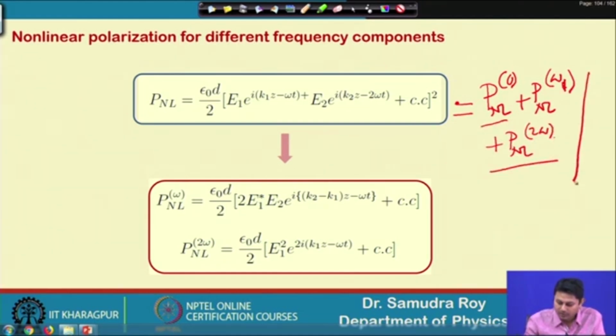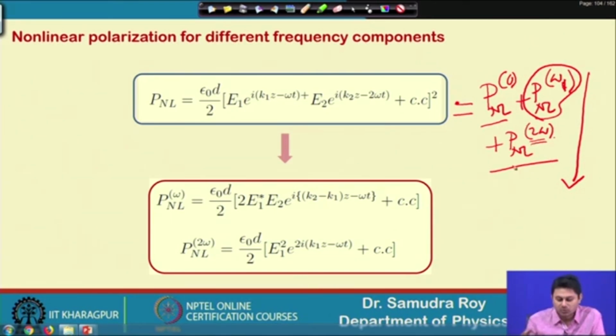These three components should be there. P nonlinear omega is the frequency component generated with frequency omega, and P 2 omega is the frequency component of P nonlinear with frequency 2 omega.